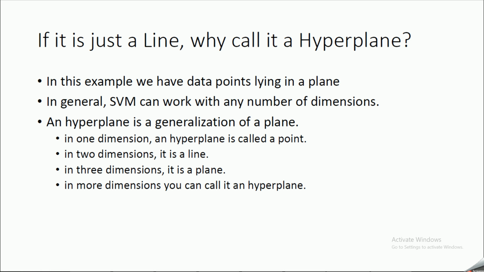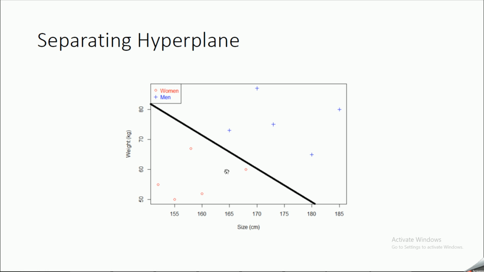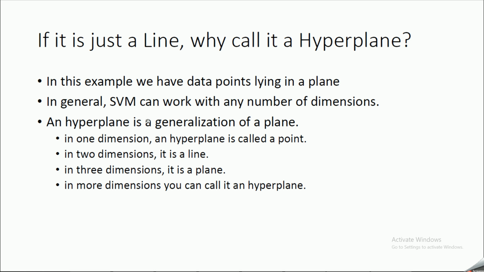If it is just a line, why do we call it a hyperplane? Good question. In this example, we have seen data points lying in a plane, so it is just a line separating two classes. But in general, SVM can work with any number of dimensions.